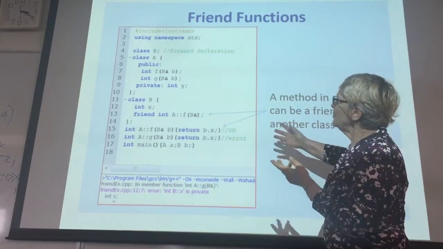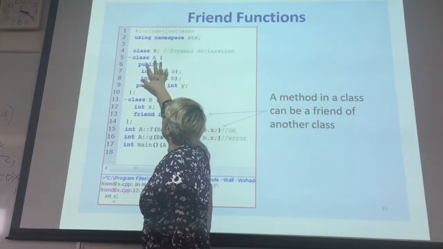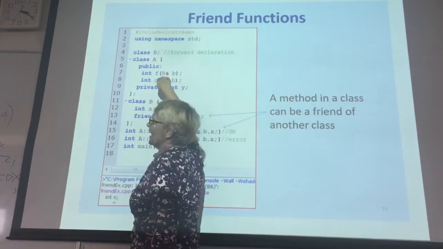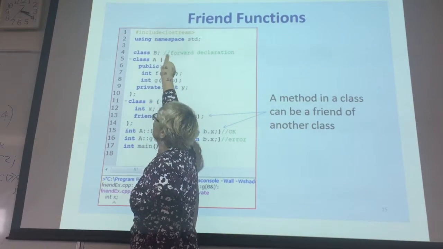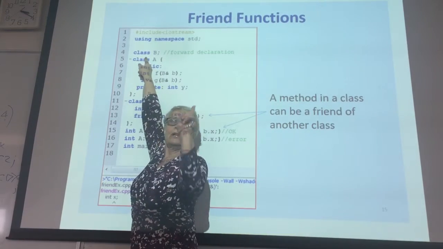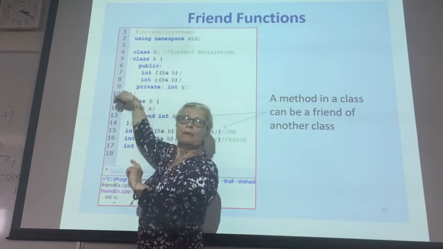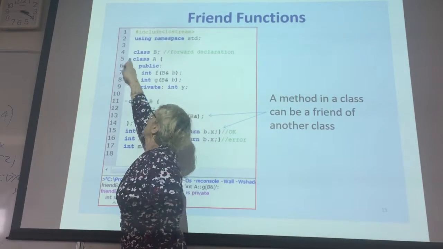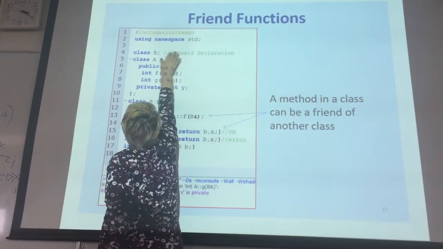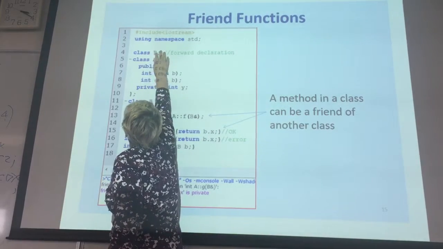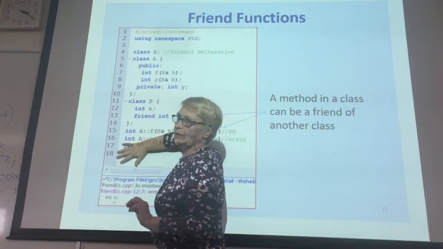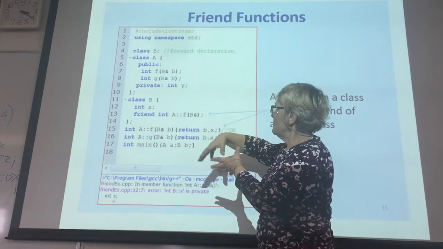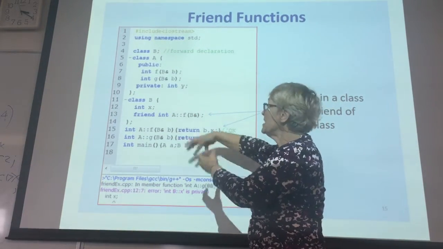In this example, we have a class A. Because we're using class B inside class A, you have to let the compiler know, I will provide the definition for B later on. This is called forward declaration. You let the compiler know somewhere that you will make the definition of class B available.